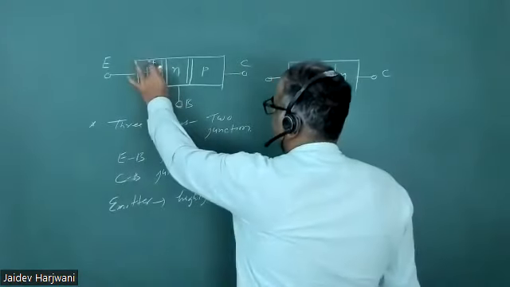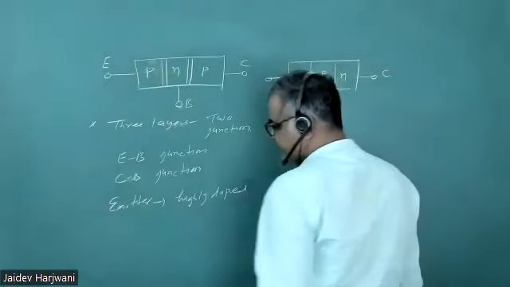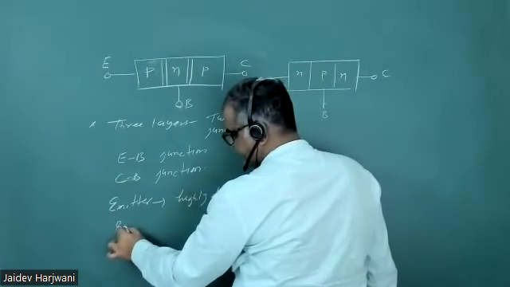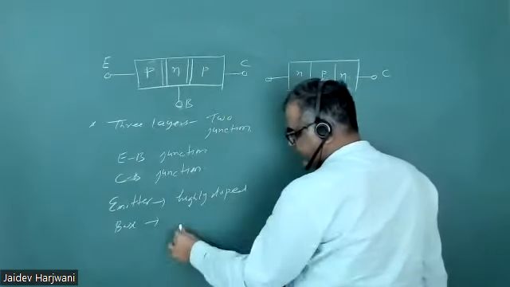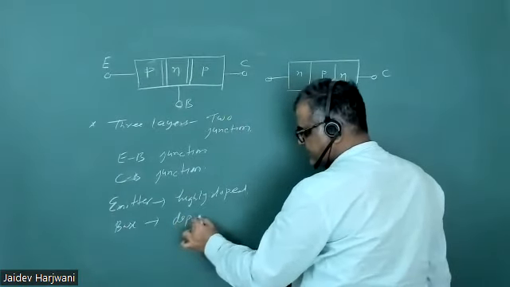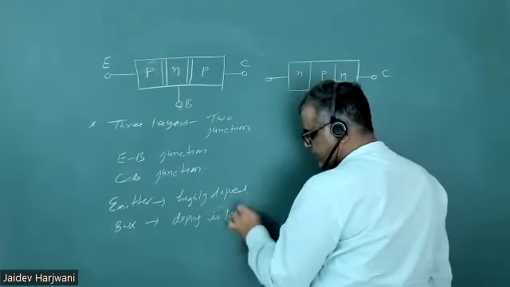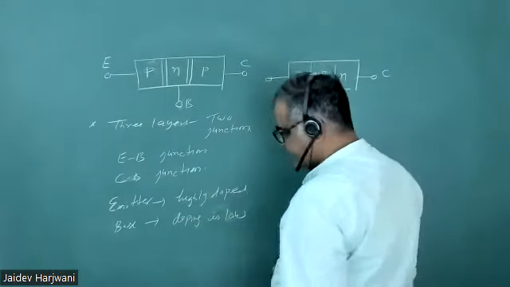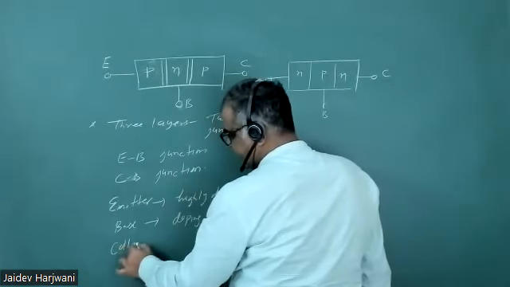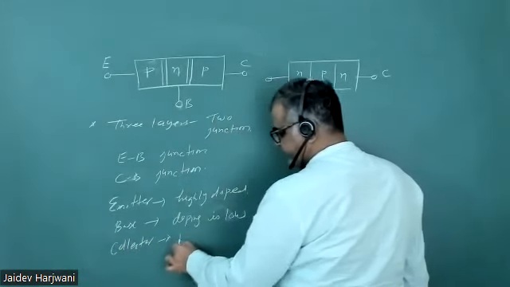And where you take your base, the base doping is very low. Now collector doping, you can say it is moderate doping.